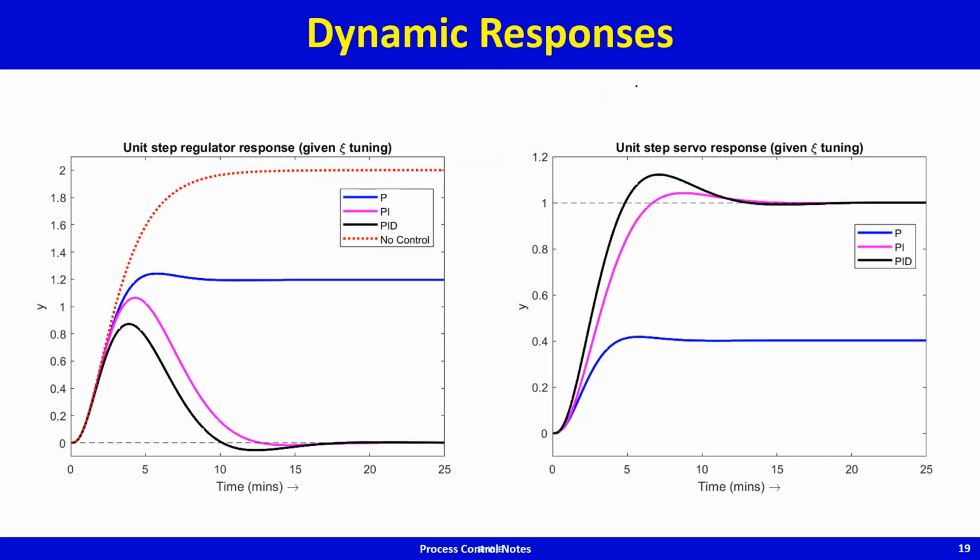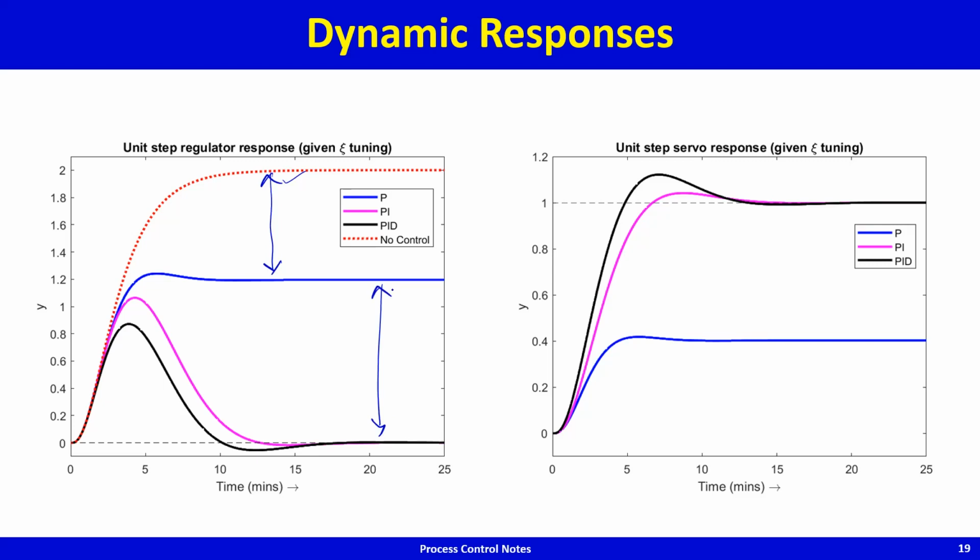I obtained the responses. For the regulator response to a unit step, you can see if you take no control, Y deviates from 0 to 2. If you put in a P controller with, I think, 0.3262 was the controller gain that we got, you can see that the deviation away from set point is mitigated, but it doesn't get back to set point. There is an offset.